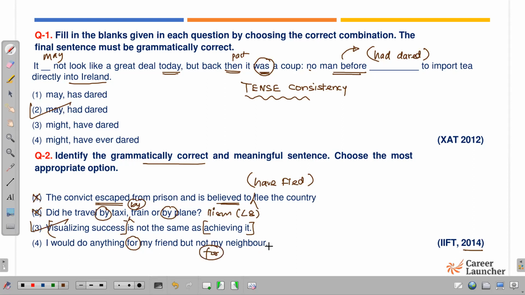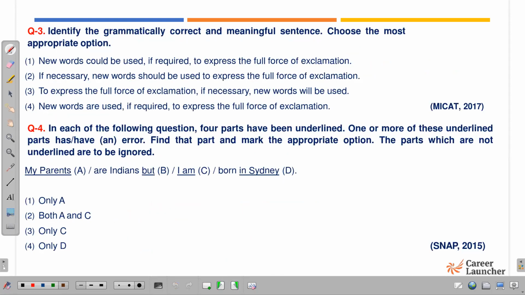Again, a parallelism error. So in tenses, one or two parallelism questions. That's what I was saying initially, if you're paying attention: tenses, not definitely, but if any other exam is going to ask you, they will ask you in a very different form.